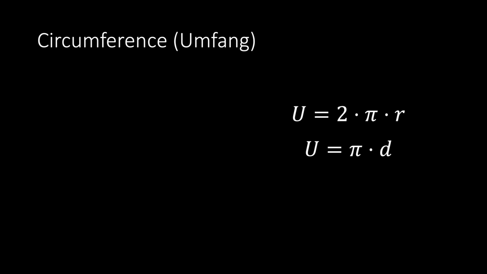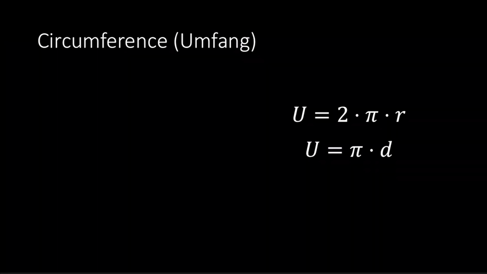Circumference. So in German, this is the Umfang. We can again use both things to calculate it, either the radius or the diameter. And again, if we start with the first one, and we know that d equals 2r, well, we divide by 2, so therefore we get d over 2 equals r.